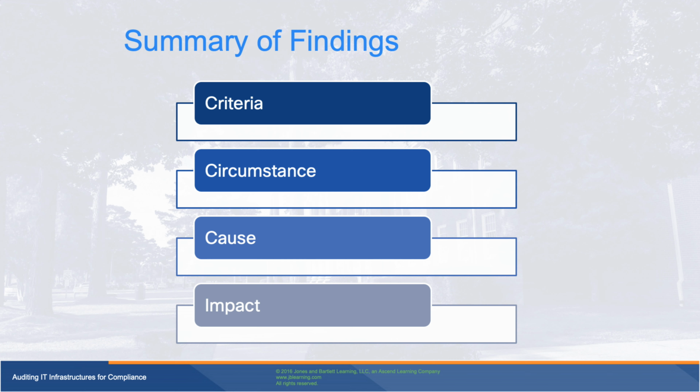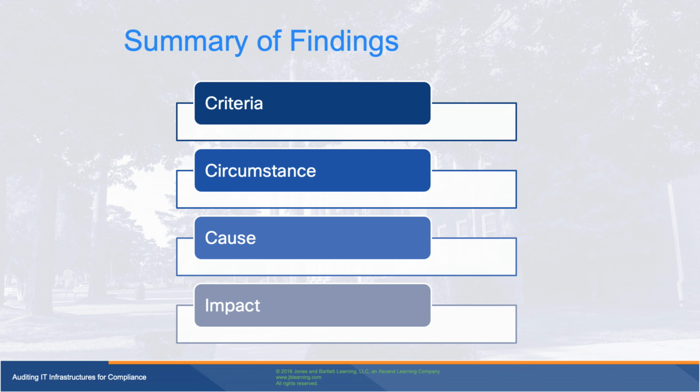The circumstance of the finding identifies a situation within the IT environment that exists. So you give a picture of what's going on in the IT organization when you found your finding. The cause part identifies the reason for the gap between the circumstance and the criteria.